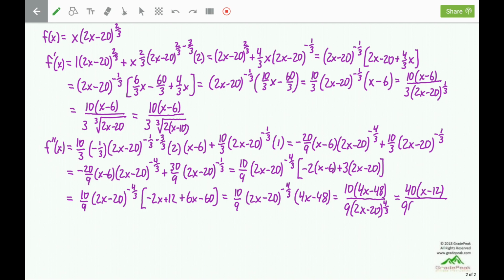In the denominator, we can factor a 2 out inside of the 4/3 power. 2 is not a perfect cube, so it'll stay inside of the 4/3 power, which means cubed root in 4th power. Factoring out leaves behind an x minus 10. All of that will be to the 4/3 power. There's the version of the second derivative we're going to want.